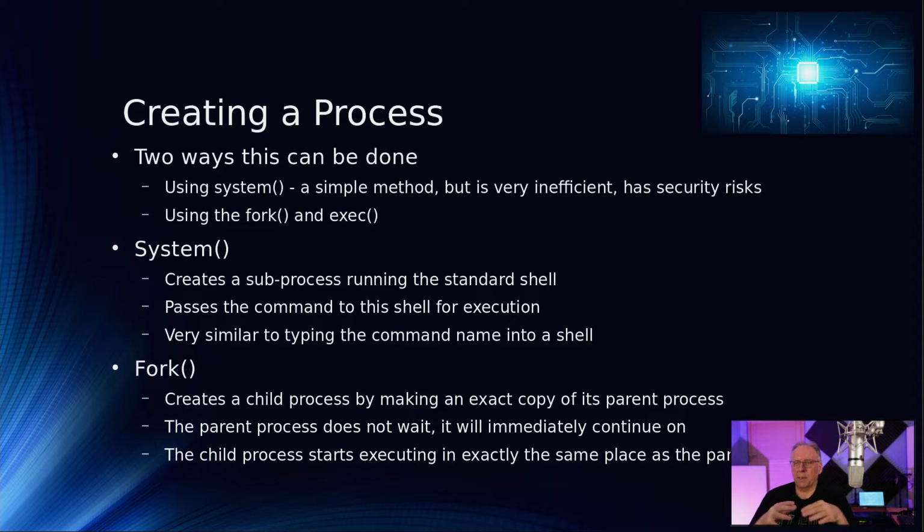So system, what it does is it creates a sub-process running a standard shell. So it's gonna go out and it's gonna execute the Bourne shell or the C shell, whichever your default one is. That's the one it's gonna pick. So it's gonna fire that up. It's gonna pass a command to that shell with the command that you're trying to execute.